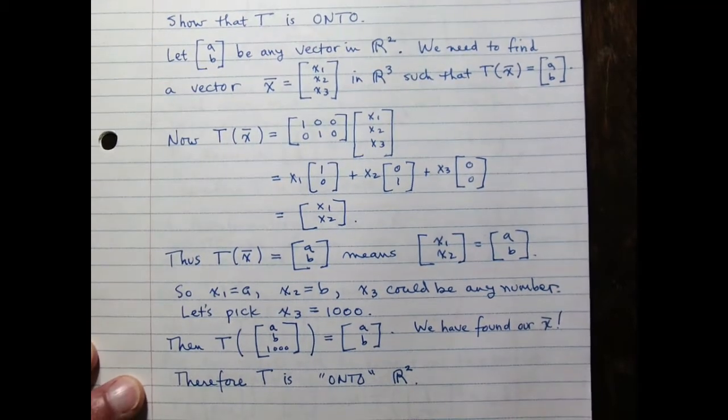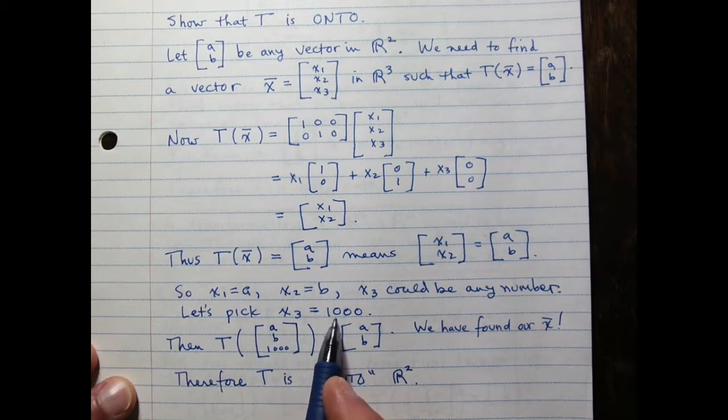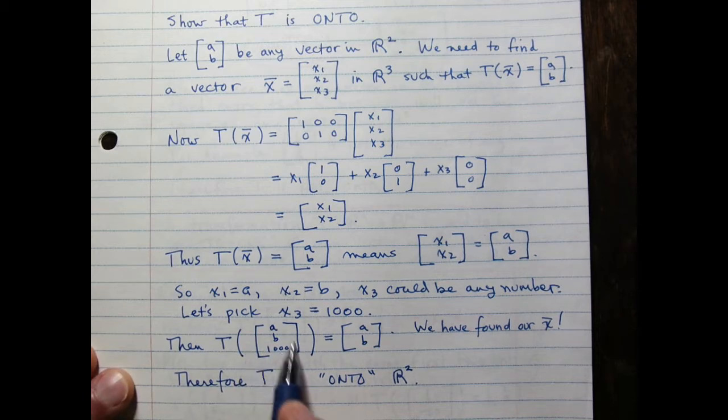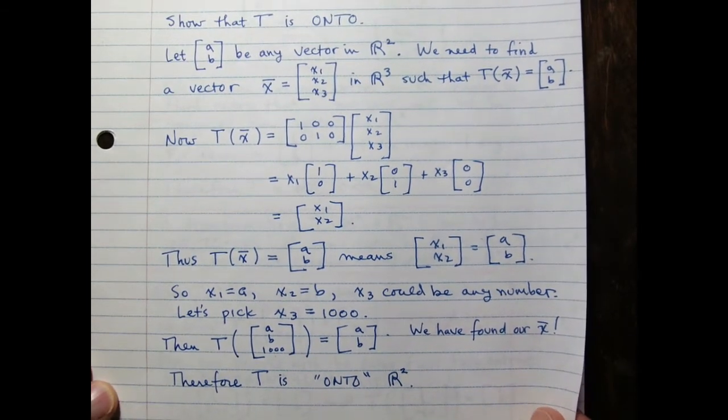So I'm just going to pick x3 to be 1,000 just to be different. And I can actually say, okay, we started with a vector (a, b). Now I'm going to take (a, b, 1000) as a vector in R3, and the image of (a, b, 1000) is (a, b). So we have found our x. And we have shown that the linear transformation T is onto R2.